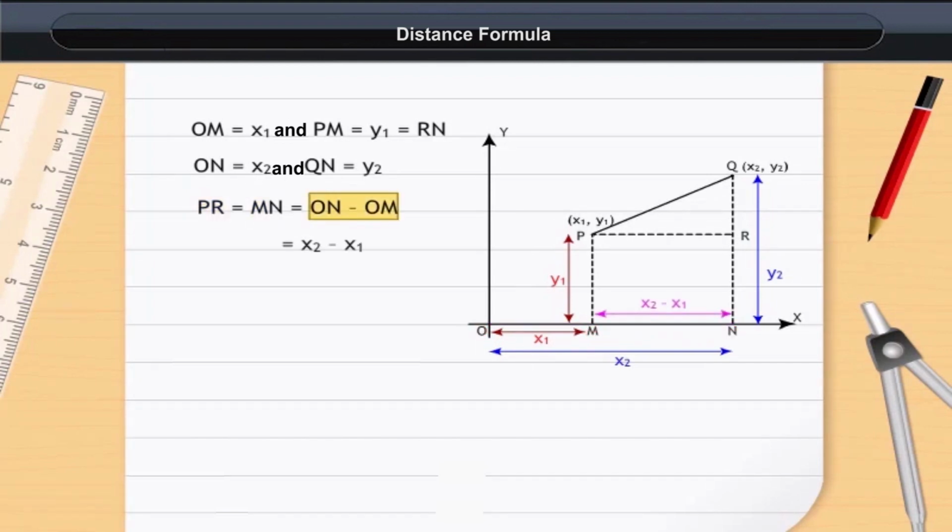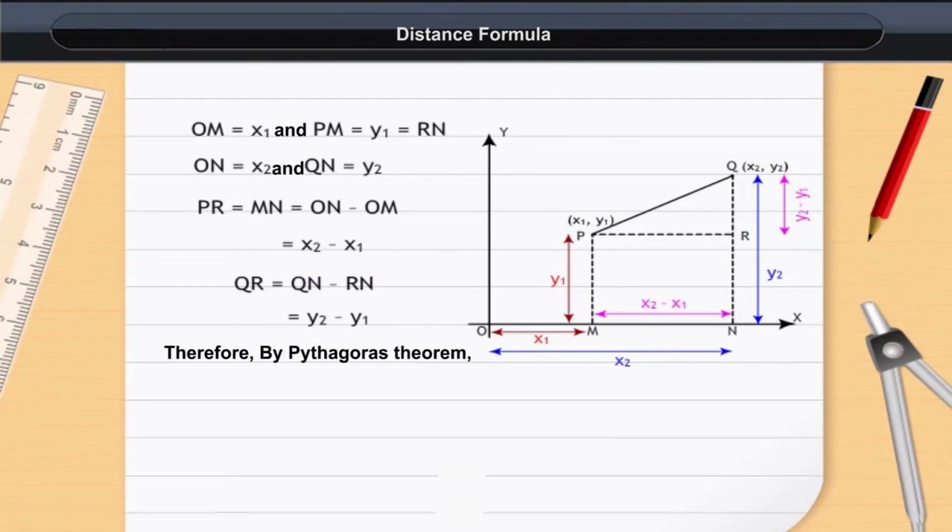Hence, PR is equal to MN, which is equal to ON minus OM, which is equal to x2 minus x1, and QR is equal to QN minus RN, which is equal to y2 minus y1.